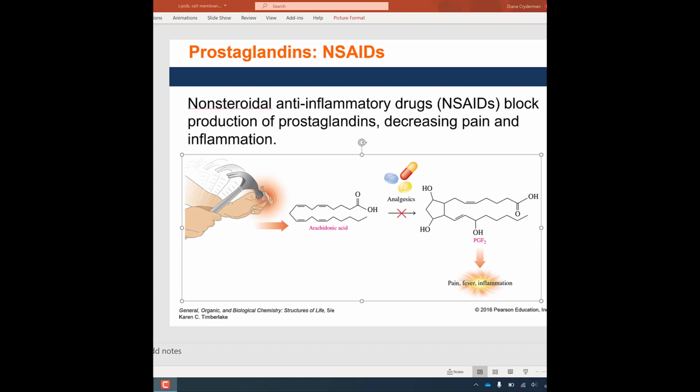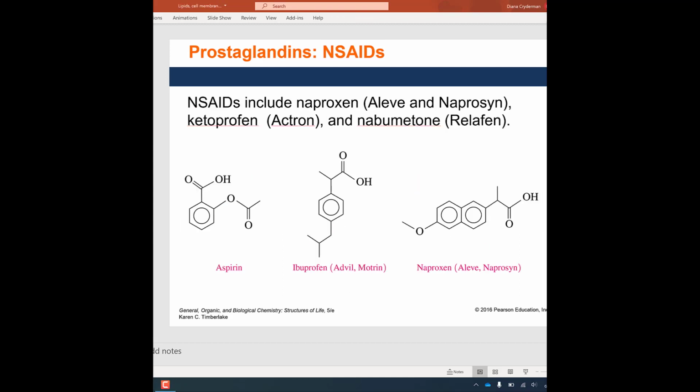If we take some sort of NSAID, such as Aleve, for example, we can essentially block the formation of a prostaglandin from arachidonic acid. So some examples of NSAIDs: Aleve, naproxen.